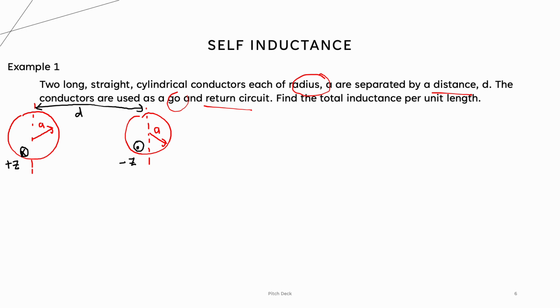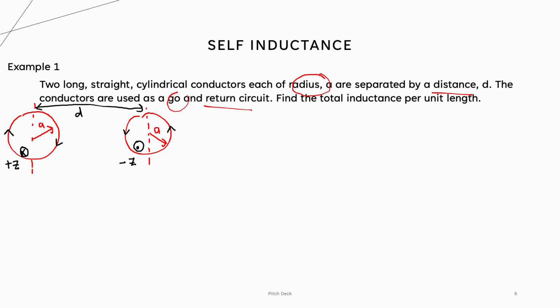If it is going up, the H field will be in the clockwise direction, whereas if the current is in the negative z direction, it's the other way around, anti-clockwise.